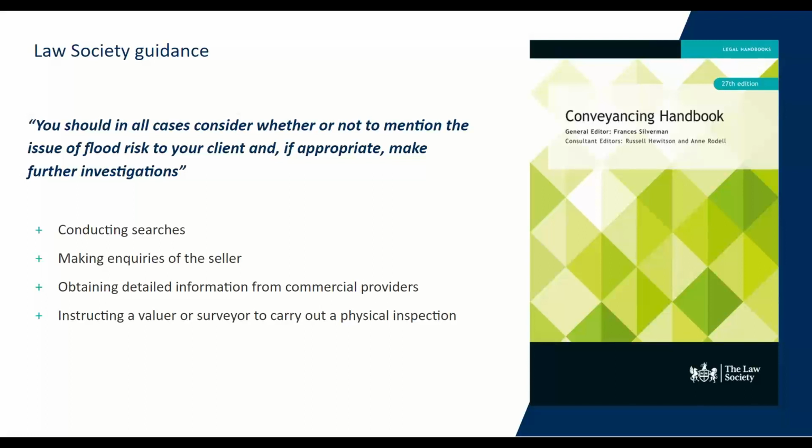We've already covered why making inquiries of the seller isn't always a guaranteed way of accessing accurate information. Let the professionals do this for you through either a standalone flood search or a combined Enviro search, which we'll talk about a bit later on.